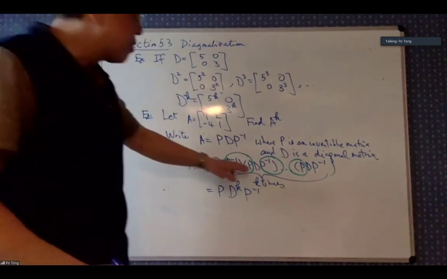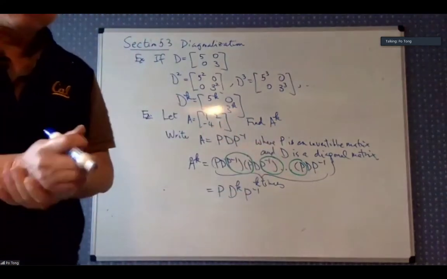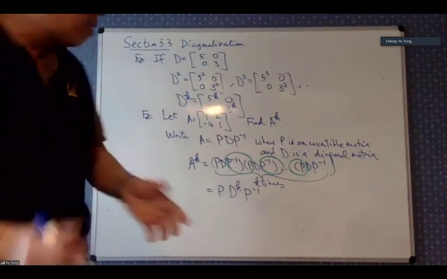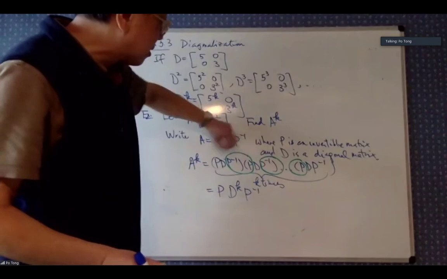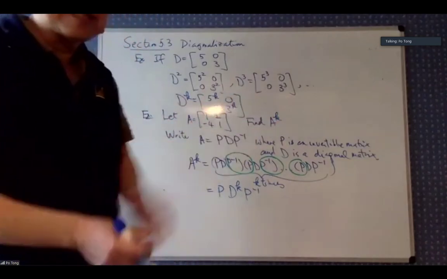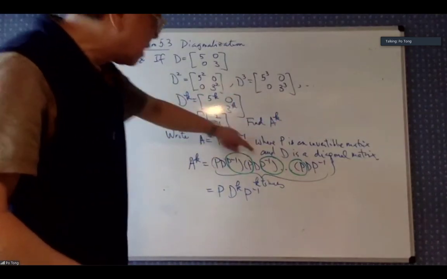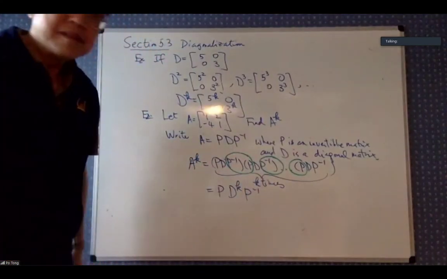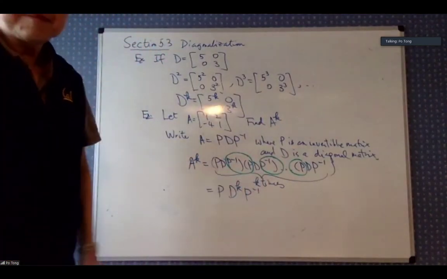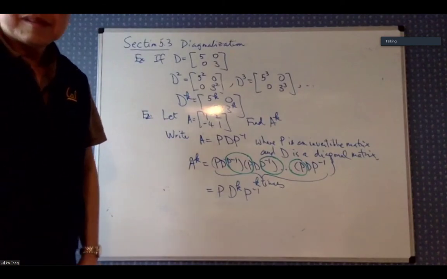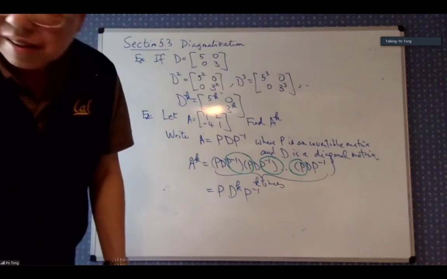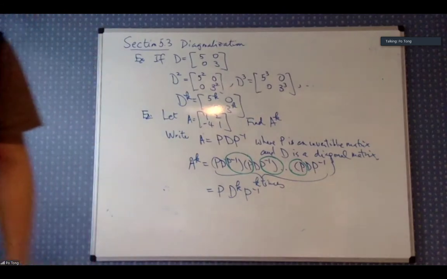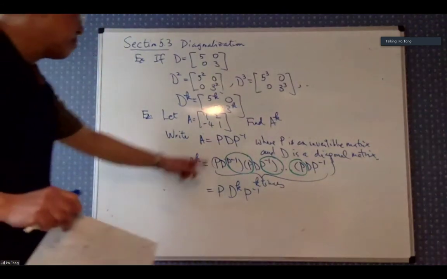Because all the P inverse and P cancel out each other in the middle. After you cancel out, all this D will be next to each other because DI is the same as D, right? The I is going to be gone. So it's going to be a bunch of D. How many times? k of them. Is it okay? You guys okay? Yeah.